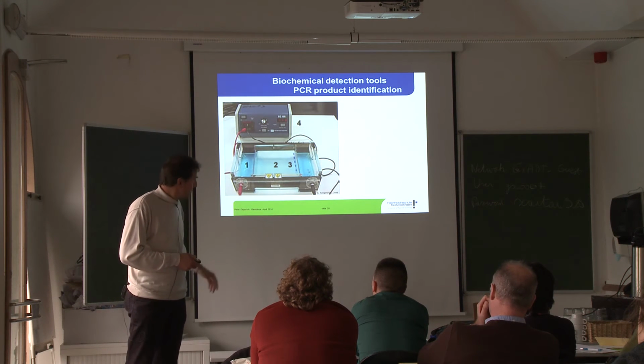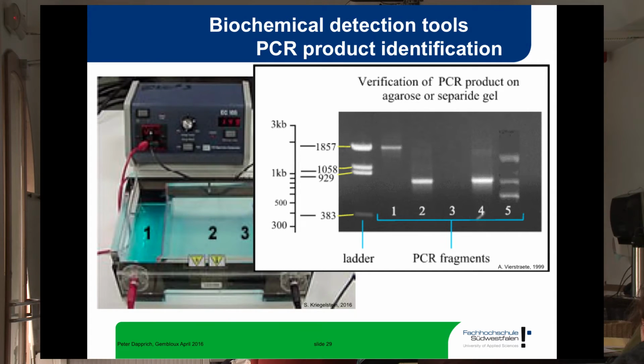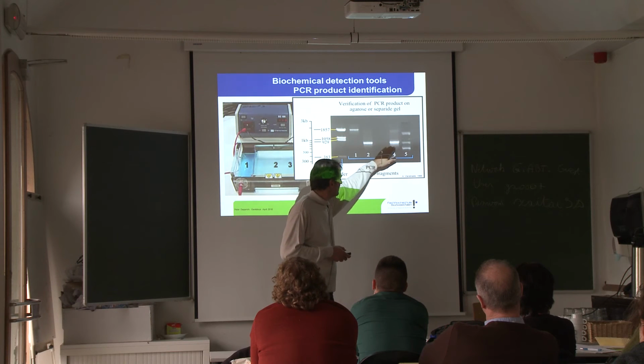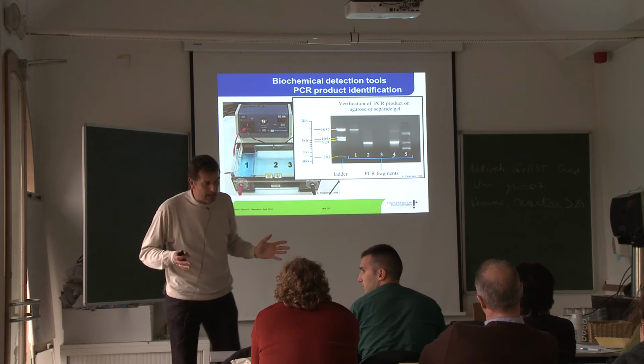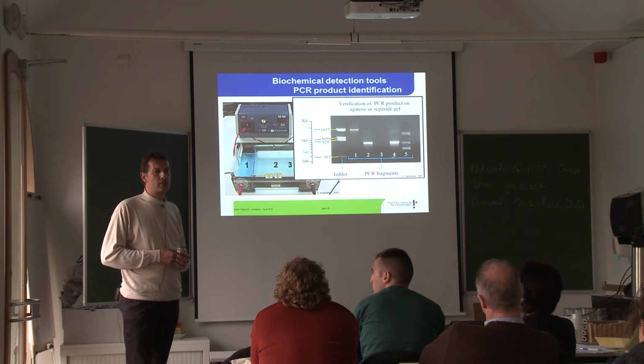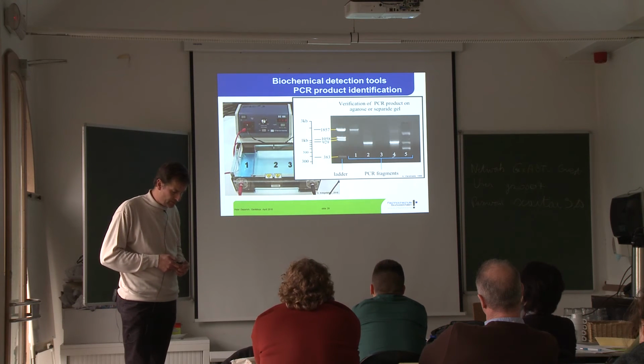And then you can analyze this gel for a certain DNA part which you're looking for. You have a ladder commercially available of DNA lengths. Then you can define the length of your DNA strand, and maybe you mark it one way or the other, and then you can detect it directly on the agarose gel.